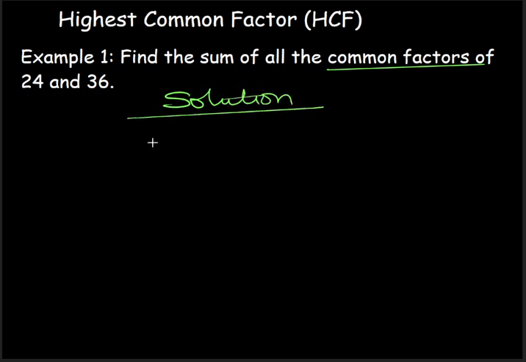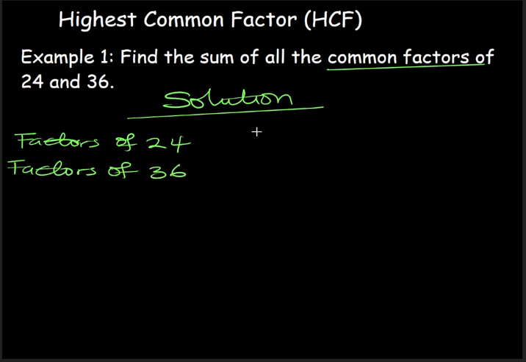So when we are having this, this is what we do. We'll list out the factors of 24 and then we'll take the factors of 36.